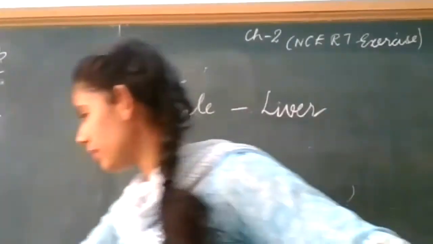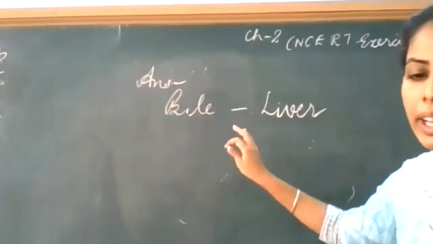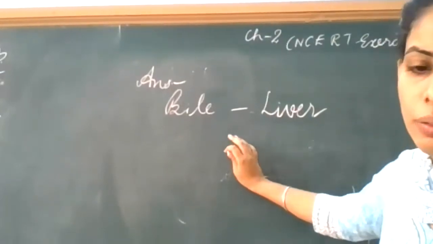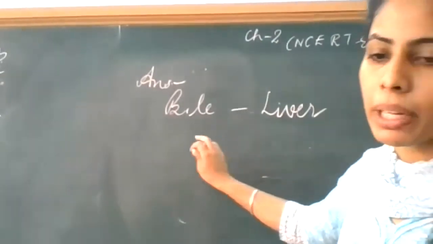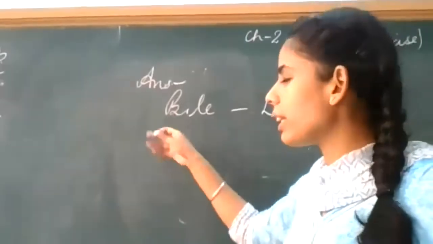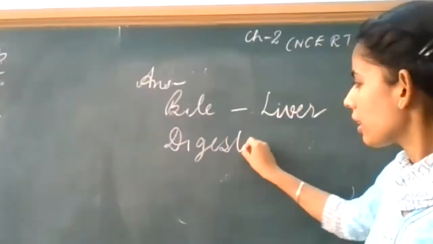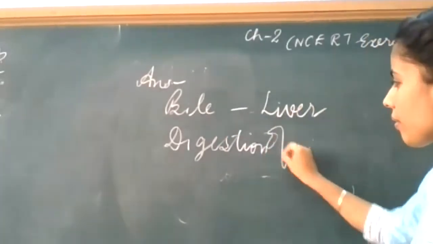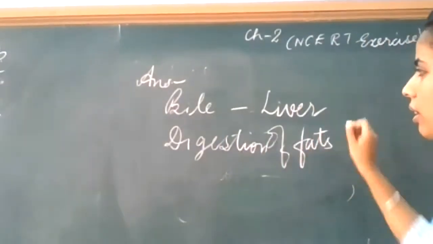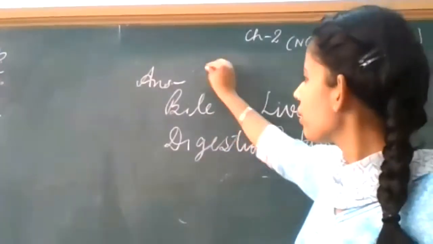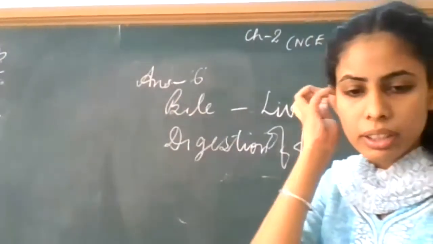And it is stored in the gall bladder. And then next you will write its component. It helps in digestion of fats. Clear? So it is the answer of the 6th question.